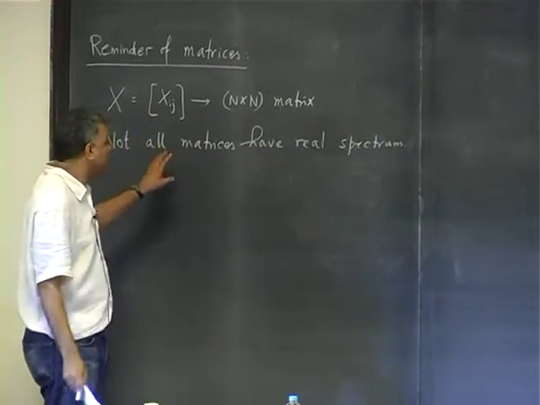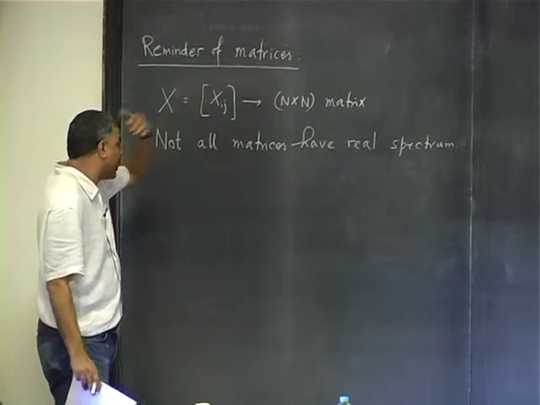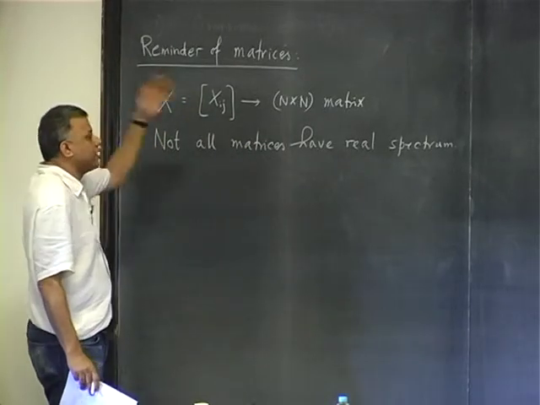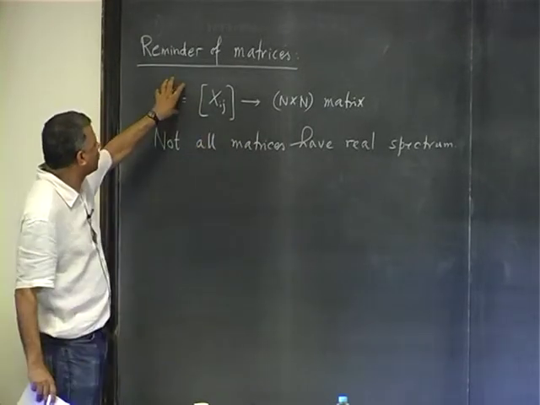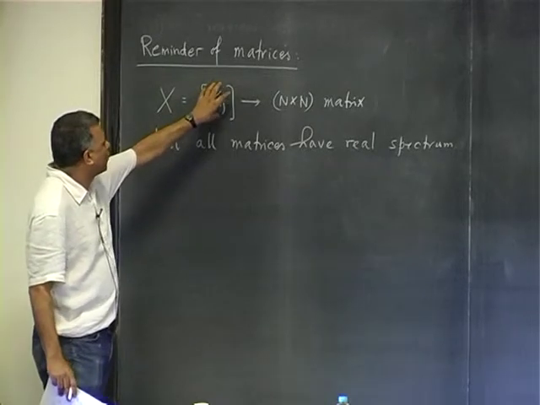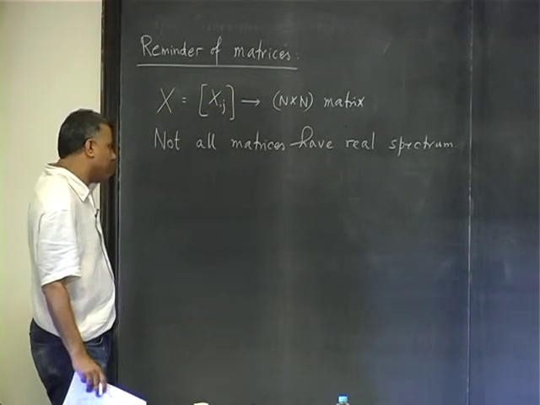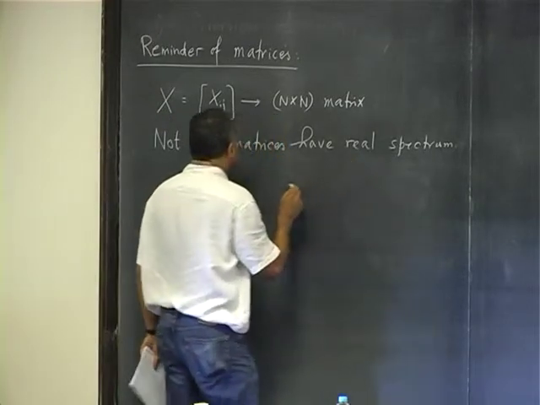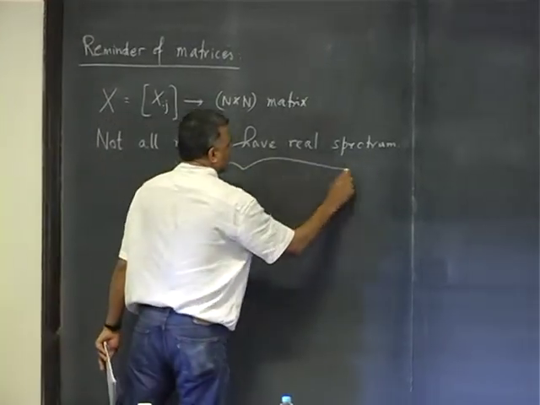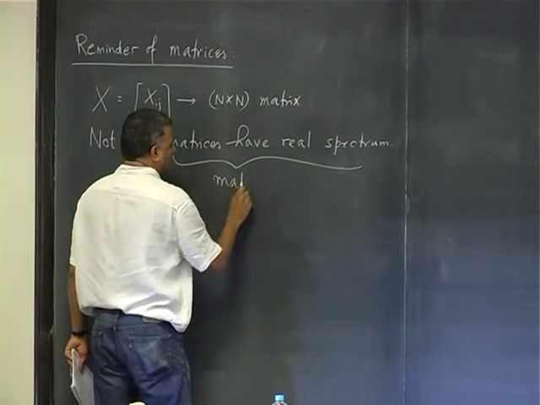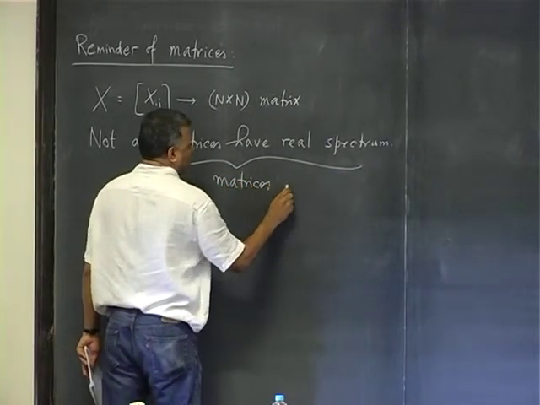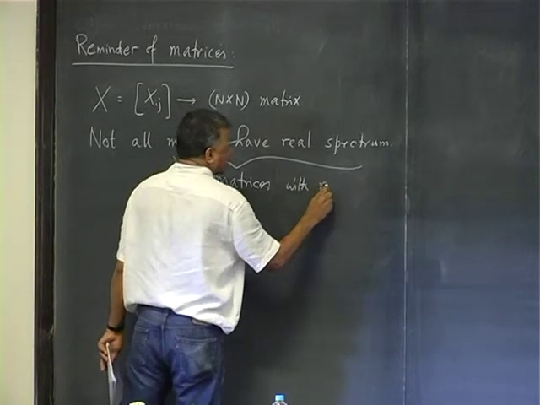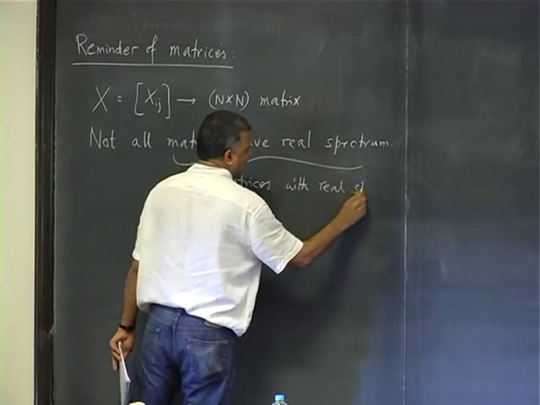You can of course study matrices with complex eigenvalues, but because this originally came from nuclear physics, where it was supposed to be the Hamiltonian, and for a Hamiltonian the eigenvalues are real, physicists were more interested in matrices with real spectra. That is, those matrices which have all eigenvalues real.